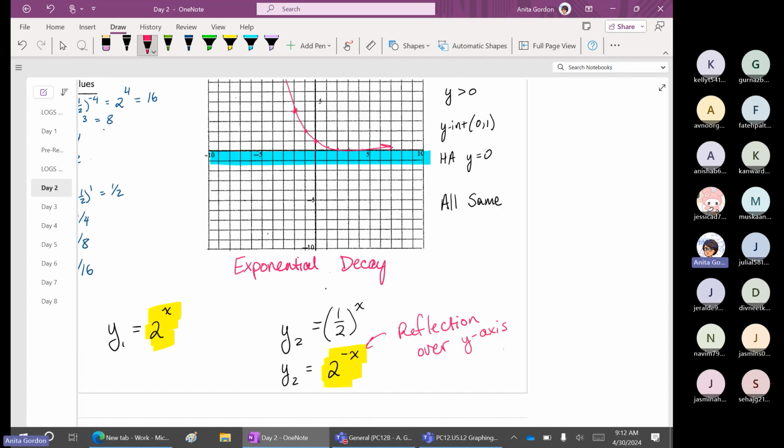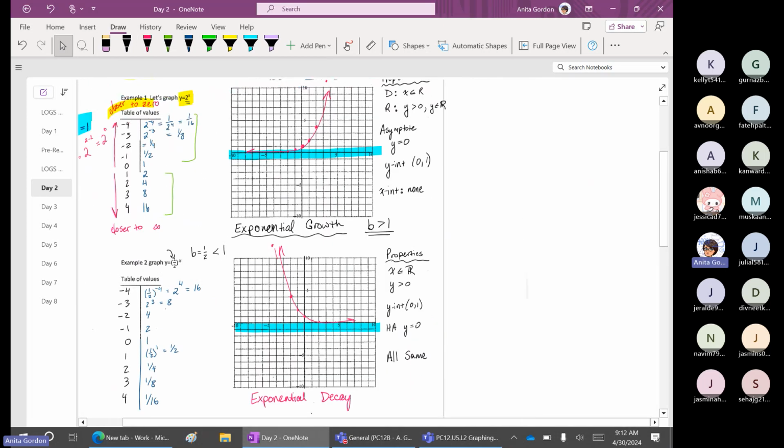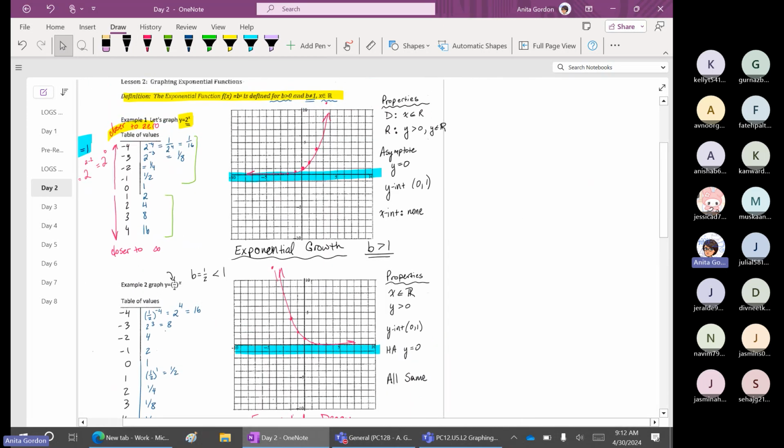Right? By definition, from Unit 1, if we take x and replace it with negative x, we are going to get a reflection over the y-axis. And if I zoom out, you can see everything is the same, but it's just backwards. Right? So our rules of transformations are still very much important to us.